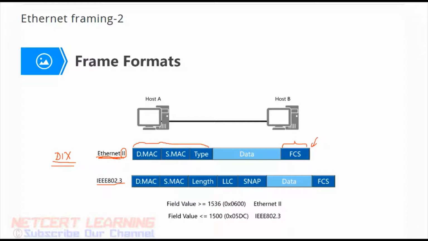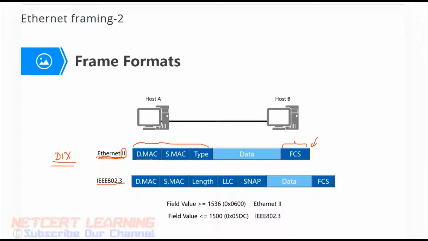DIX is an abbreviation of three company names: D means Digital, I means Intel, and X means Xerox. This DIX format header contains three fields.